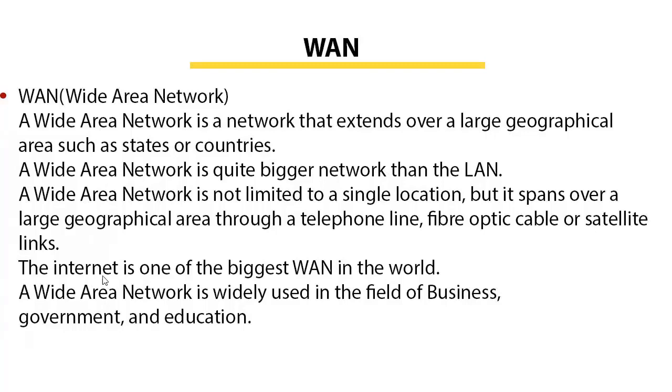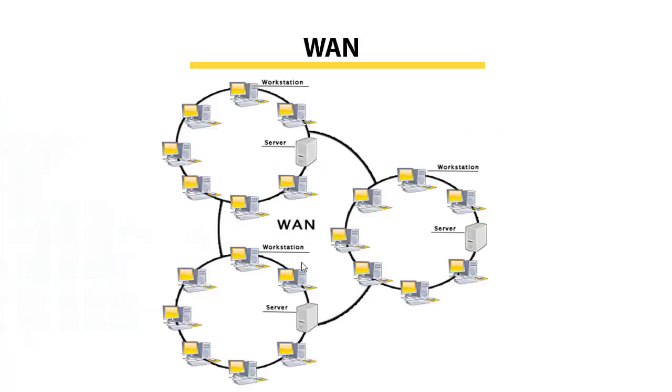The internet is one of the biggest WANs in the world. The wide area network is widely used in the field of business, government and education. Fine. Then you have your diagram. This is the server and these are the clients that are being connected, and the area is wide.